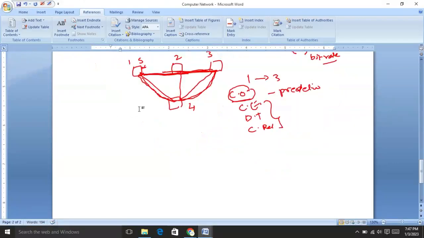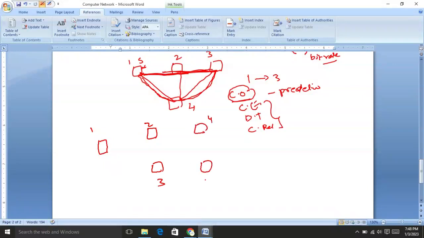Let us consider there are systems within the network: this is the first, second, third, fourth, fifth, and sixth system, interconnected like that.